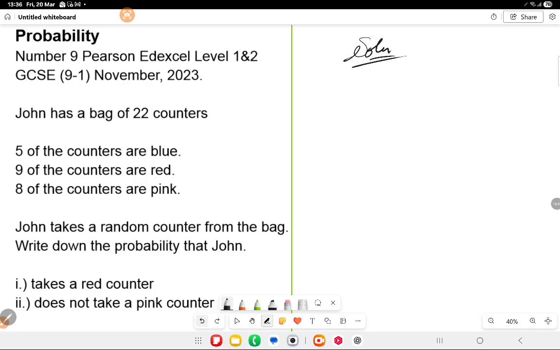Solution. First, we take the total outcome, which is known as the sample space, denoted by SP, which is equal to the sum of the events. When you sum up 9 plus 8 plus 5 it gives you 22.